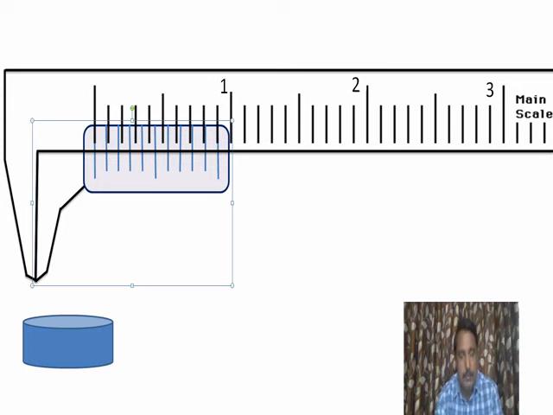Now we will have a look at how much is the least count of this particular instrument. But before that, let us observe one peculiar characteristic of this vernier scale.